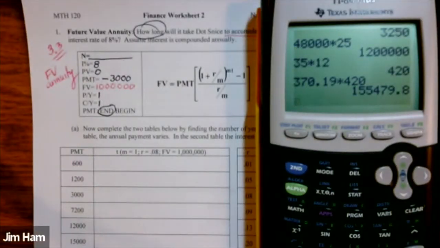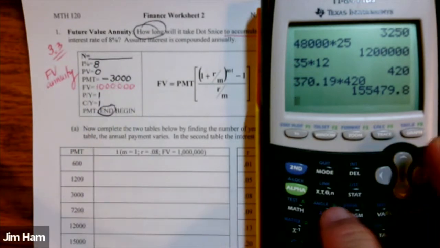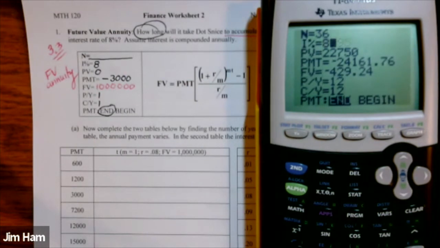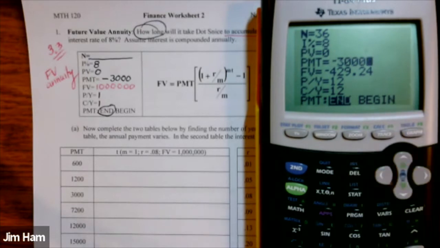And you might be interested in that, you're young. How many years do you have to work to achieve $1 million if you just put in $3,000 a year? Well, let's take a look. 8% interest, start with nothing, contribute 3,000, and your goal is $1 million, making 1 payment per year.